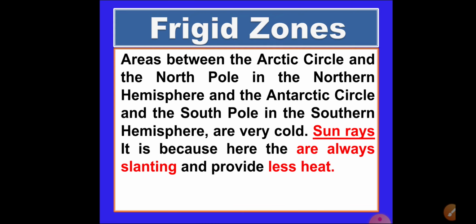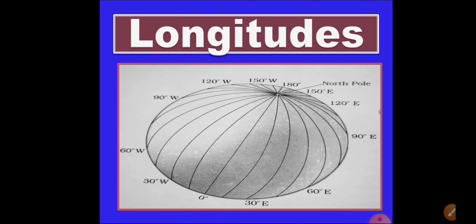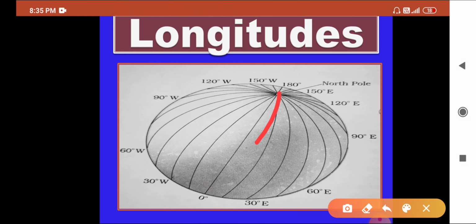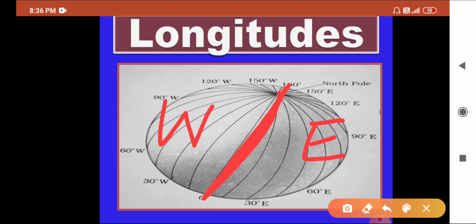In the next slide you can see this 0-degree meridian, which is in the center, this central line joining the North Pole to South Pole, that divides the earth into the eastern and the western hemispheres. So this part is the eastern, indicated by E, and this part is western, indicated by W.